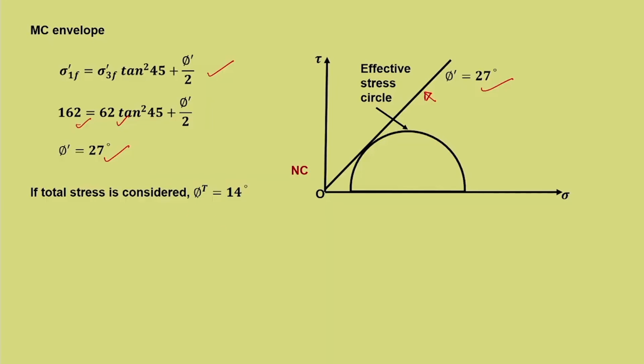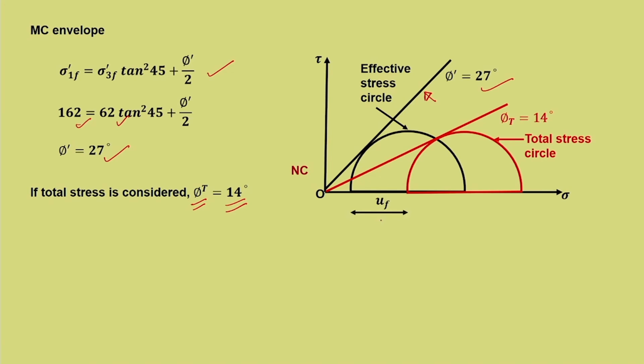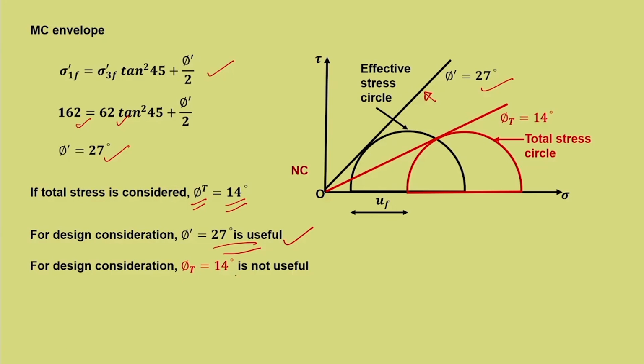We can also obtain the value of phi t, if you substitute the total stresses in the same equation, which is not relevant, but if you substitute you will get 14 degrees, and that is what has been plotted here. That difference is due to u_f. Now, for design consideration 27 degrees is useful, and this phi t equal to 14 degrees may not be useful. I am telling this in terms of the failure criterion and the strength parameter.